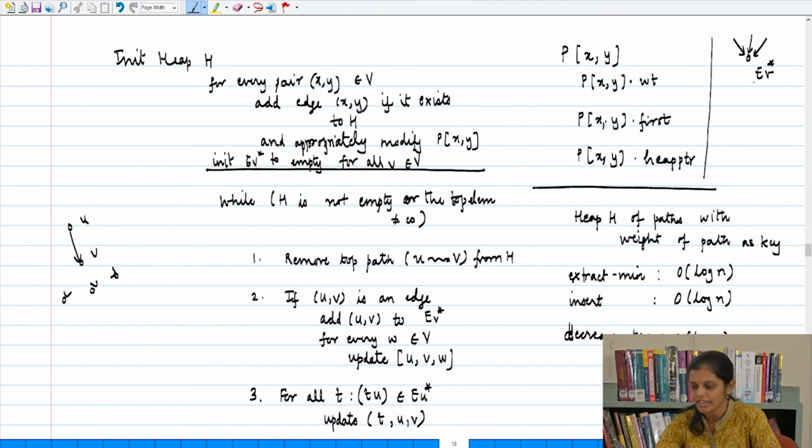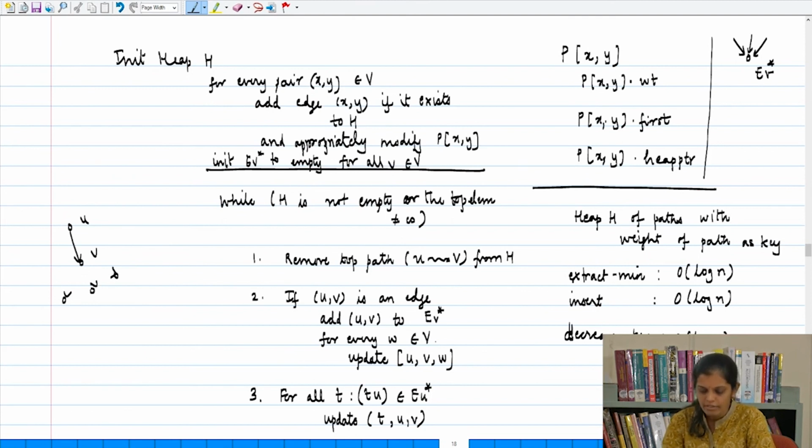And the EV stars of all vertices have been initialized to empty to begin with, and we are going to now repeatedly pull out paths from the heap. The paths could be trivial paths which are edges, the paths could be non-trivial paths. If the path is a trivial path which is an edge, we are going to additionally do something, because remember, for an edge also this applies, right. The third point applies for an edge also.